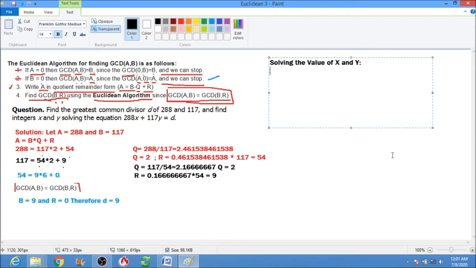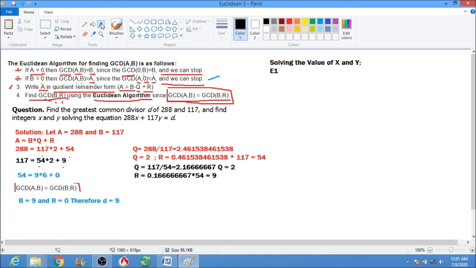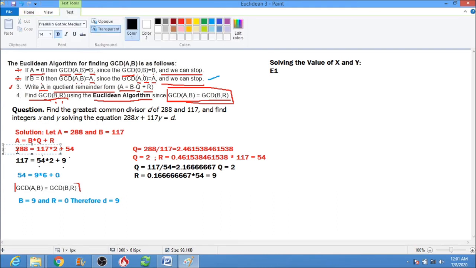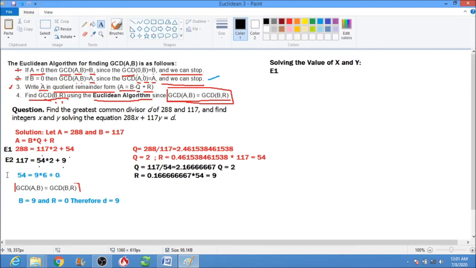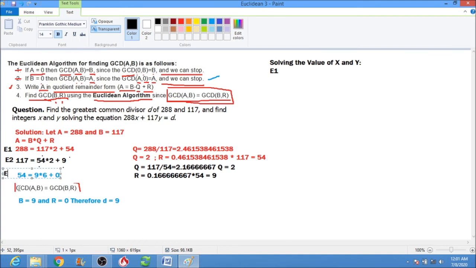So let's say this is our E1, this is our E2, and this is our E3.